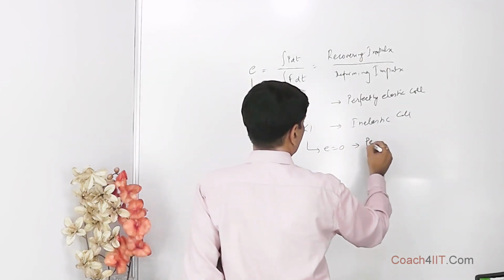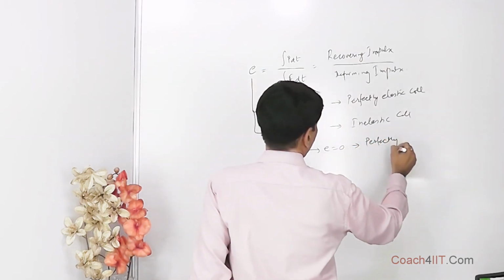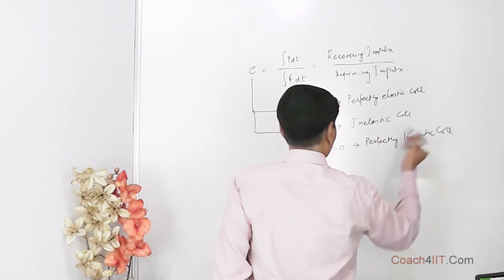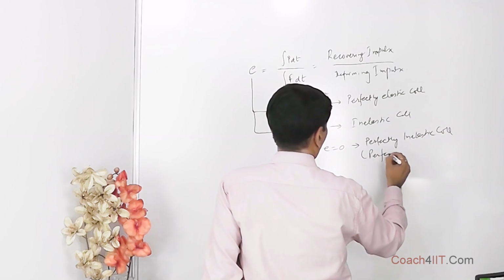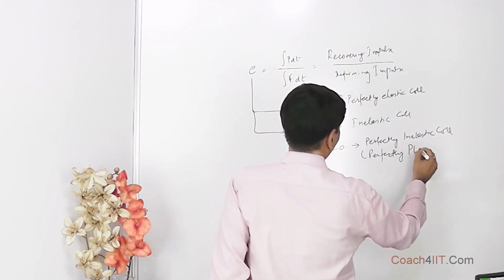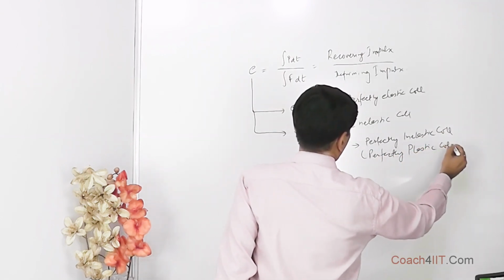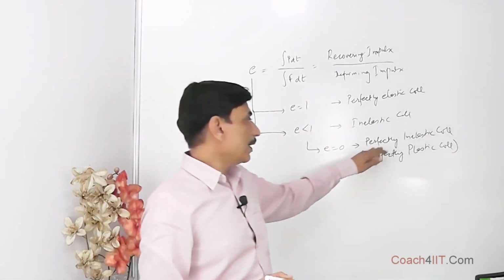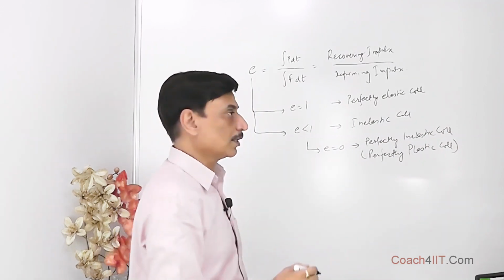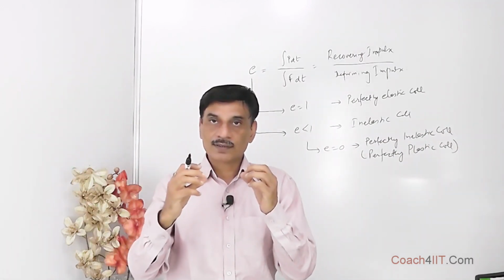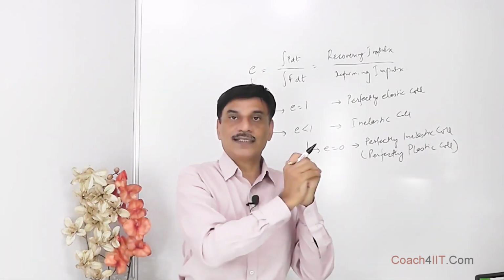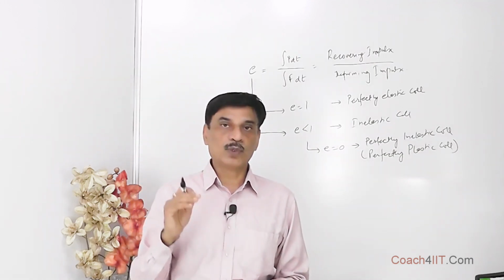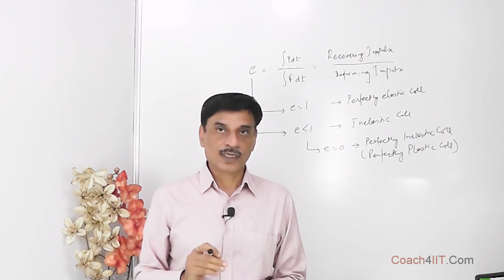This is called a perfectly inelastic collision, and this is also called a perfectly plastic collision. We have done this case earlier also, where in a perfectly inelastic or perfectly plastic collision, the two bodies collide, combine together and move as a single body with a common velocity. So that is a perfectly plastic collision, and there e is equal to 0.